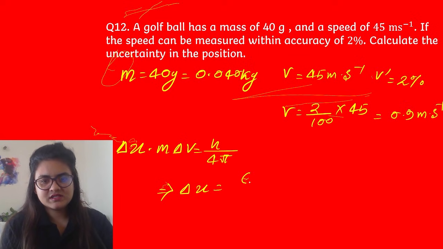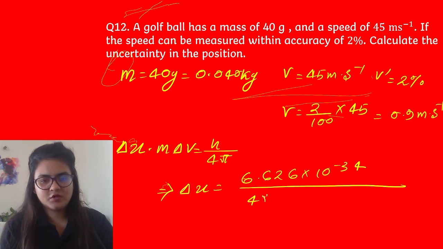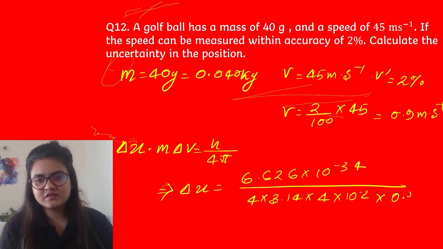So h is 6.626 into 10 power minus 34 divided by 4 into pi value 3.14 into mass, which is 0.040 kg, I can write it as 4 into 10 power minus 2, into the accuracy in velocity, which comes up to 0.9 meter per second.